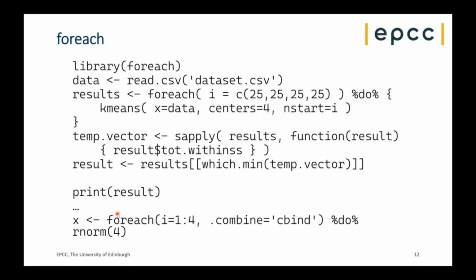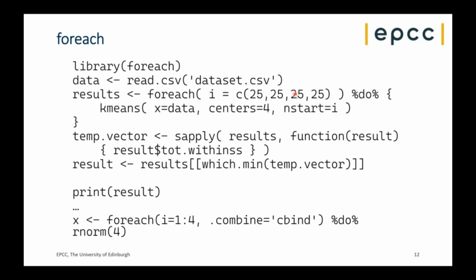And then there's also a foreach library. So here, instead of applying a function to lots of independent bits of data, we could be looking at having a loop where we want to split up the iterations of that loop across workers. In this example, it's exactly the same as if we'd written a function across lots of data.